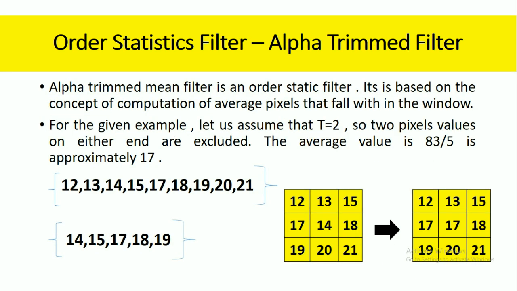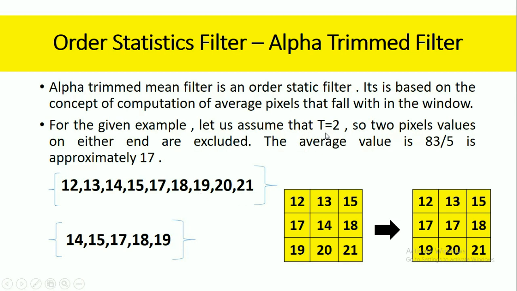The next filter is the alpha trimmed filter. In the alpha trimmed filter we take a threshold value t. Based on t, we remove pixel values from the left and right ends of the sorted list. Here is the image we have. We sort the list in ascending order, and when t equals 2, we remove 2 pixel values at the left side and 2 pixel values at the right side. If t is 3, we remove 3 pixels at the left side and 3 pixels at the right side.